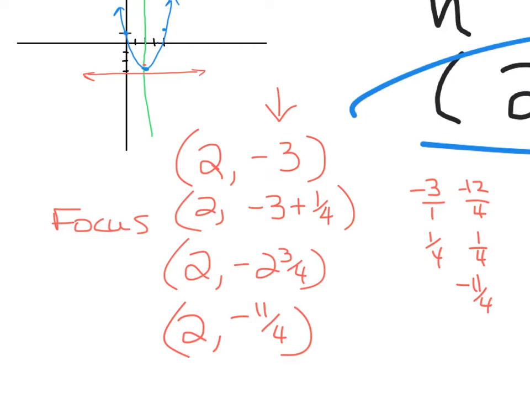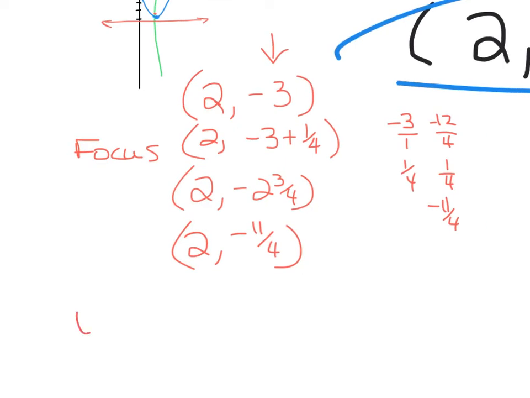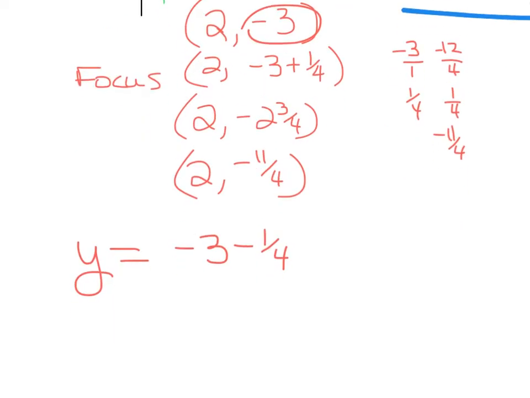I now need to find the equation for the directrix, because remember, the directrix is always a line. So since it's a U shape, it's going to be y equals, again, I'm working with the y of the vertex, so -3 minus 1/4 this time, because I'm going below my parabola, I'm going down, and I would get my directrix to be y equals -3 and 1/4.